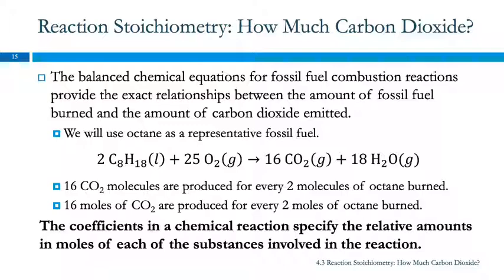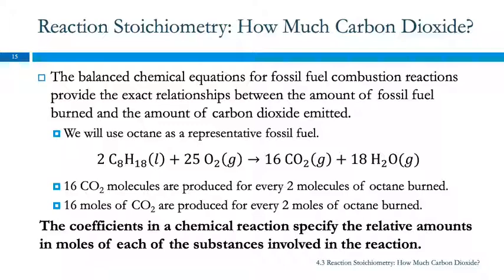We can also say that 16 moles of carbon dioxide are given off when 2 moles of octane are burned. Okay? So the coefficients in the balanced chemical equation give us the molar relationships. 2 moles of this plus 25 moles of that gives me 16 moles of this and 18 moles of that.